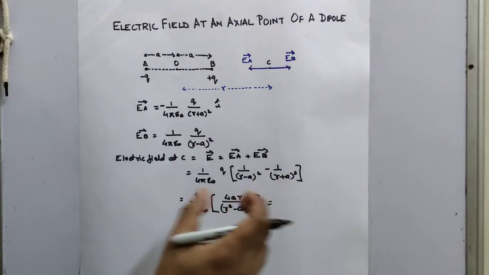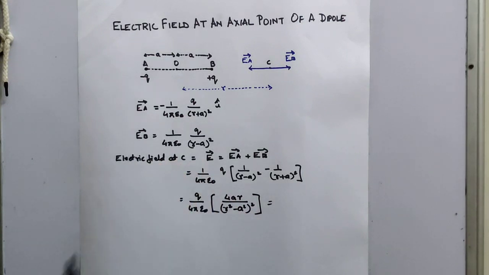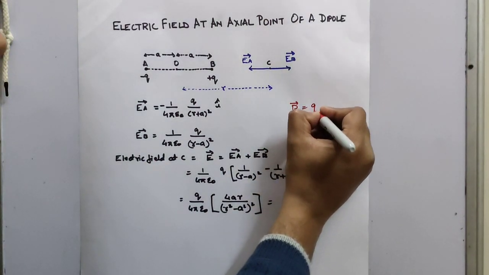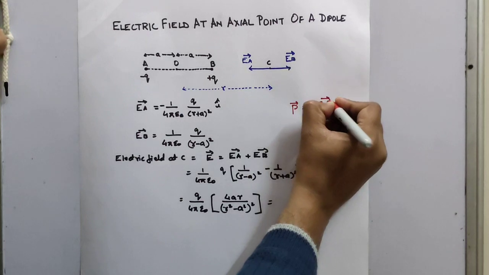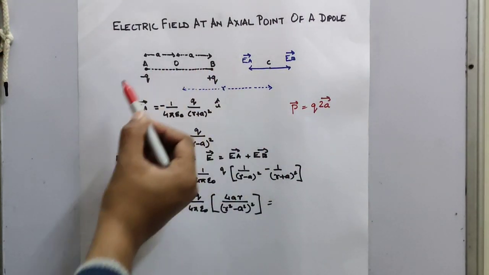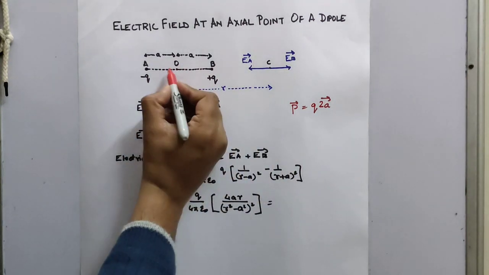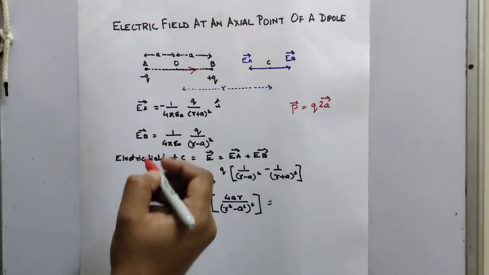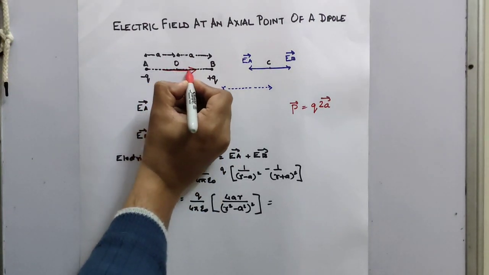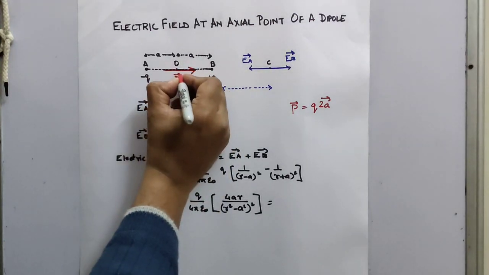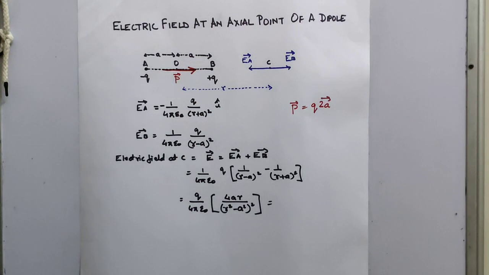Now we also know that the electric dipole moment P is Q times 2A. That is, the dipole moment is the charge multiplied by the distance between the two charges, and it's a vector quantity which is in the direction of minus Q towards plus Q. This will be the dipole moment vector.